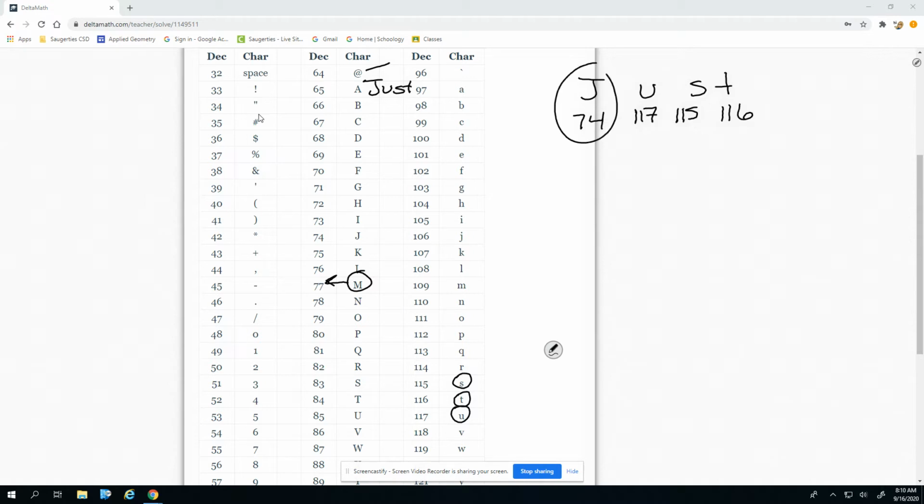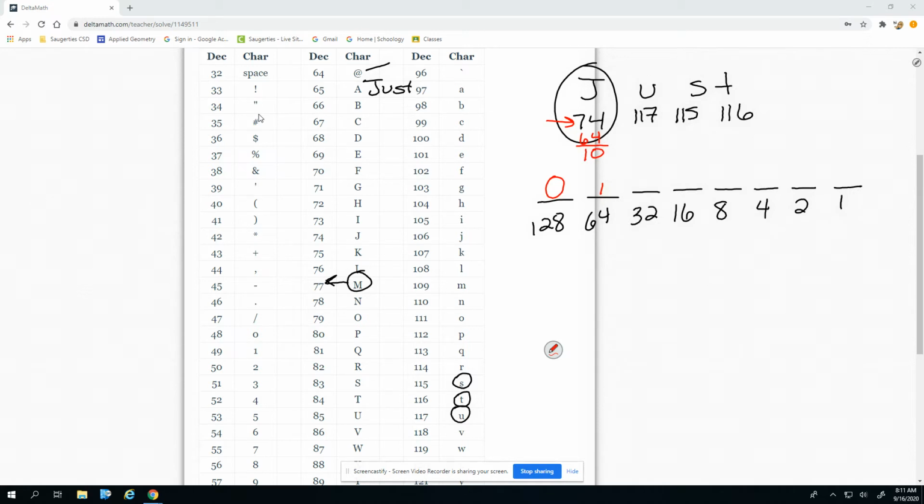So for the J, I'm going to put down my 8 digits, and I'm going to write down the place values. This is how we number the place values, because it's powers of 2. In the number 74, I don't need a 128. I do have a 64, so I'm going to subtract that and get 10.